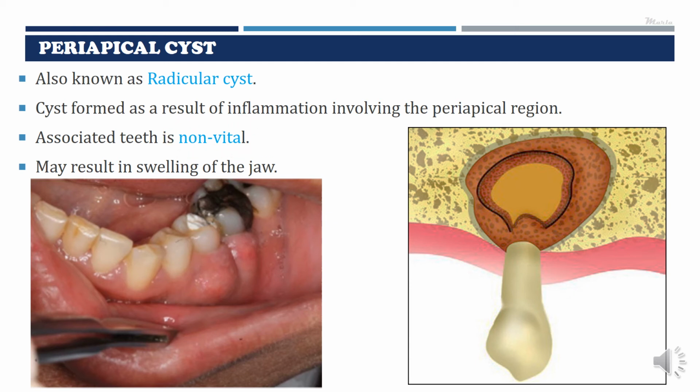A non-vital tooth is when there is disintegration of the pulp such that the pulp degenerates and undergoes necrosis. The inflammation which is persisting following this is chronic in nature, which will result in stimulation of the epithelial cell rest of Malassez in the periapical area. This is seen in periapical granuloma as well.